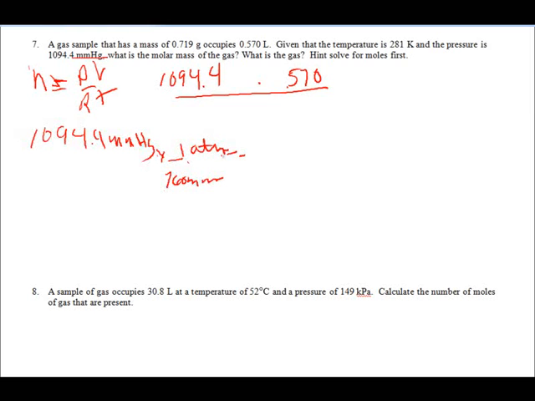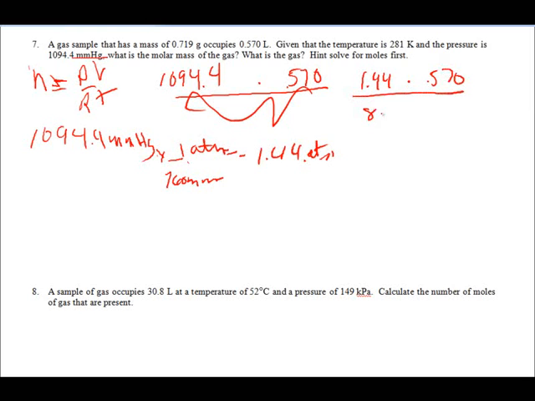So this is going to give me 1.44 atm. So I'm going to start this over. 1.44 is my pressure. My volume is 0.570. I'm going to put that over R, which is not 8.31 but 0.0821, because I'm using atm.